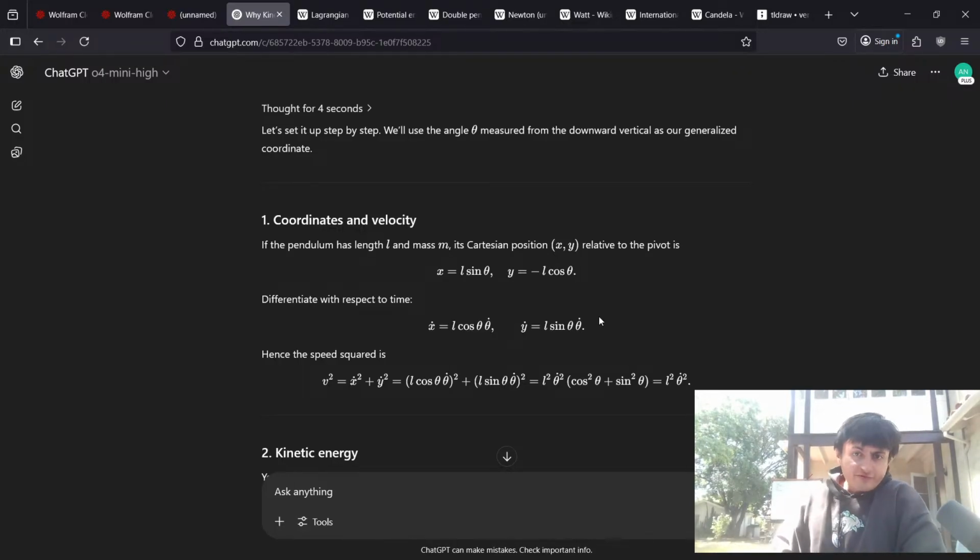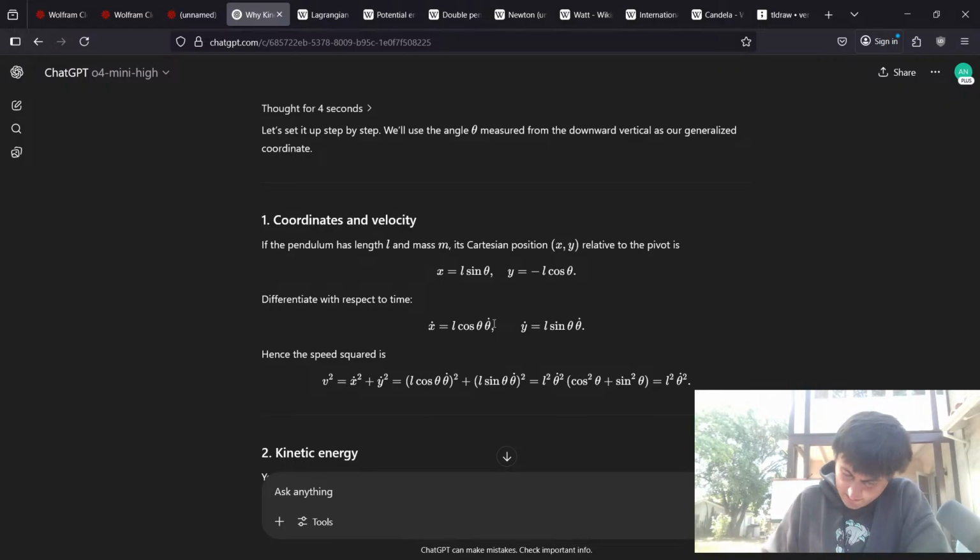So wait, hold on. We need to take into account that x1 dot is going to be equal to d/dt of L sine theta 1, which is equal to L cos theta 1 times theta 1 dot, and y1 dot is equal to minus, oh wait, the minus cancels out and it becomes L sine theta 1 dot.